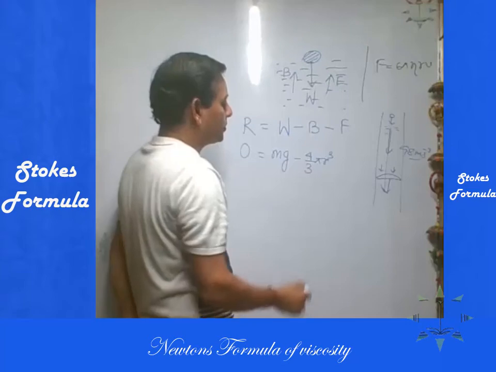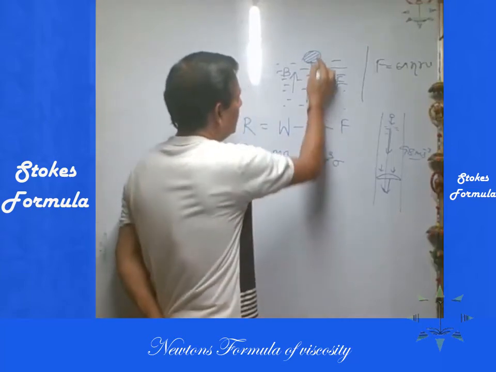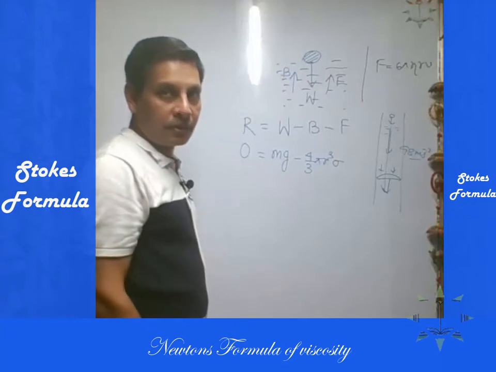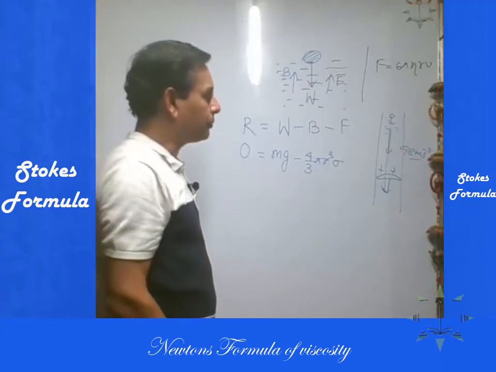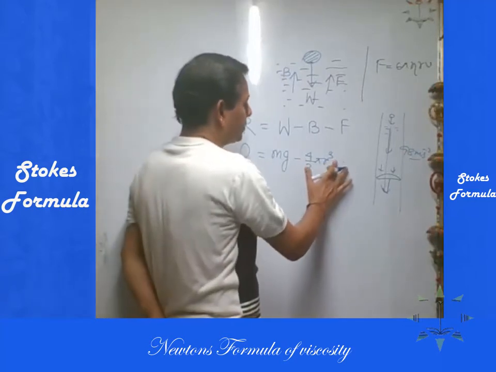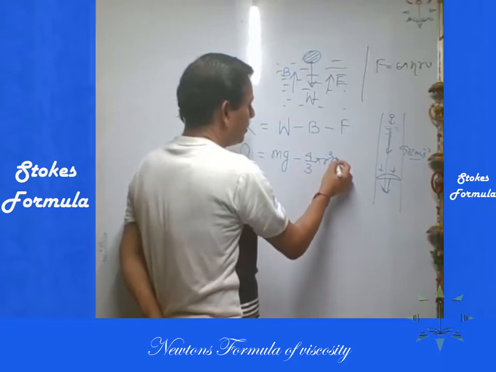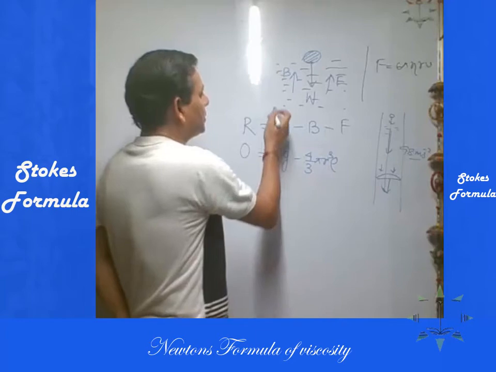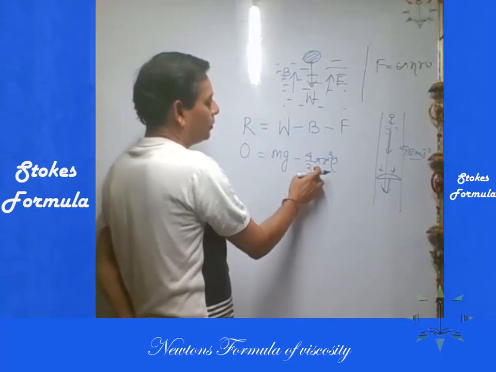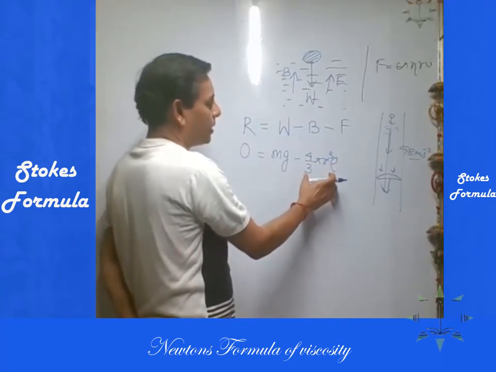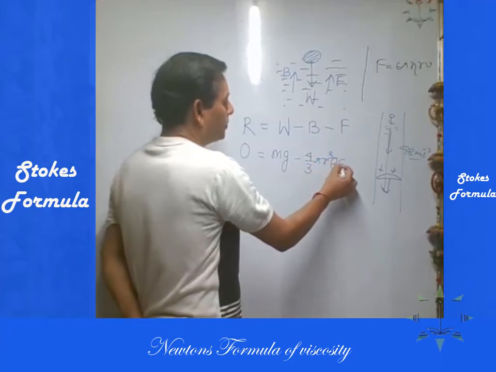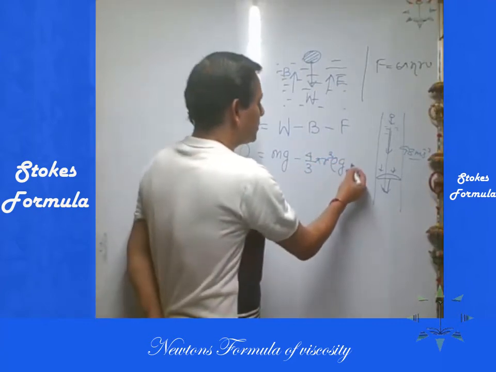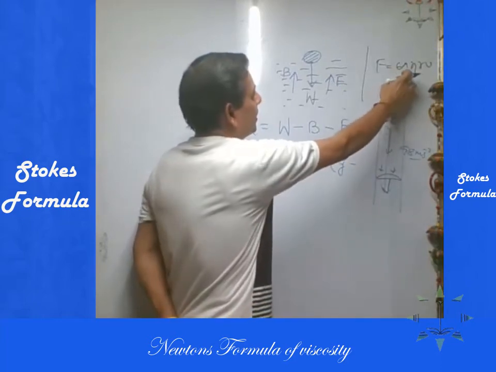Suppose the density of this metal ball is sigma, so volume into density is mass. The density of the liquid gives the buoyant force, the weight of an equal volume of liquid. So if rho is the density of the fluid, then volume into density is the mass of the fluid, into g. This will be the buoyant force, and what will be the viscous force? 6 pi eta r v.